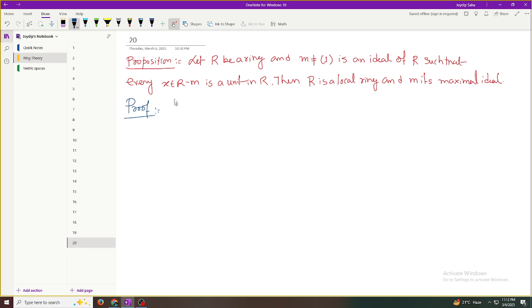Every x in R minus M is a unit. Then R is a local ring and M is the maximal ideal. What is the set of units? The set of units is R minus M. In any ring, you know that ring means commutative ring with unity.